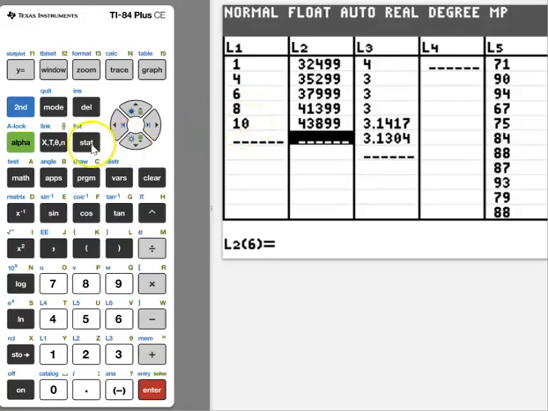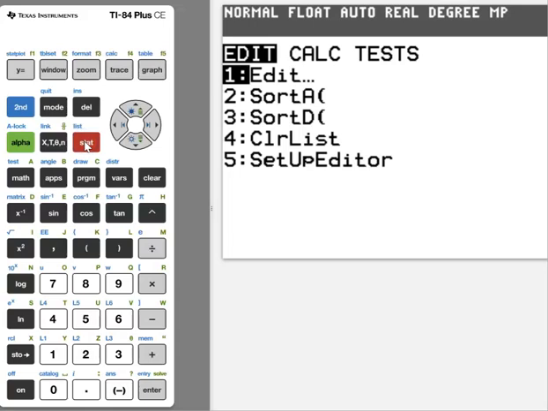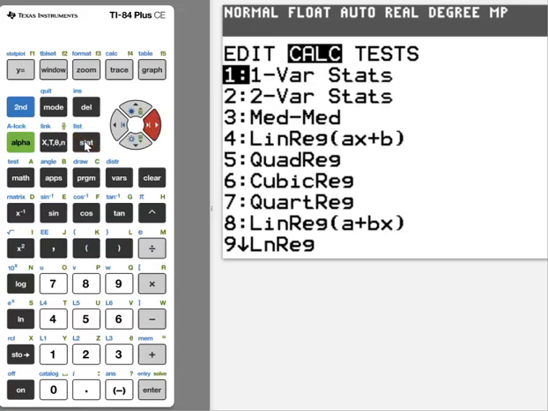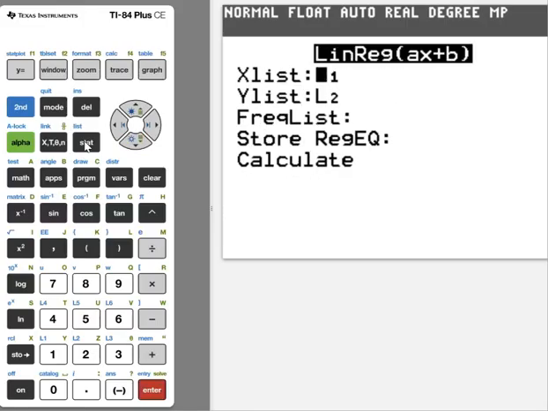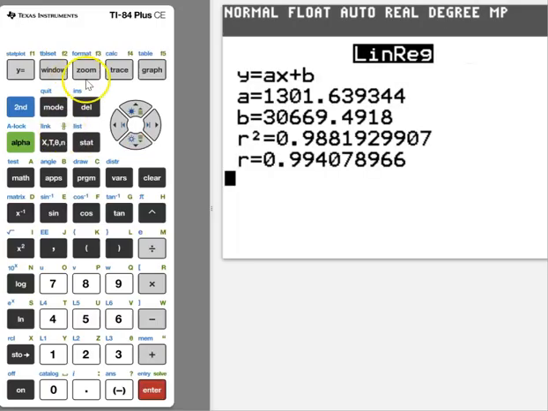All right, so then I'm going to go back to statistics, and this time I'm going to go over to calculate. And they told me that this was a linear equation, so I'm going to do a linear regression. And I'm going to tell it to make my x value what's in list 1 and my y value what's in list 2. And then I can come down here to calculate. All right, so what this is telling me is that it said to round the decimals to the nearest whole number.